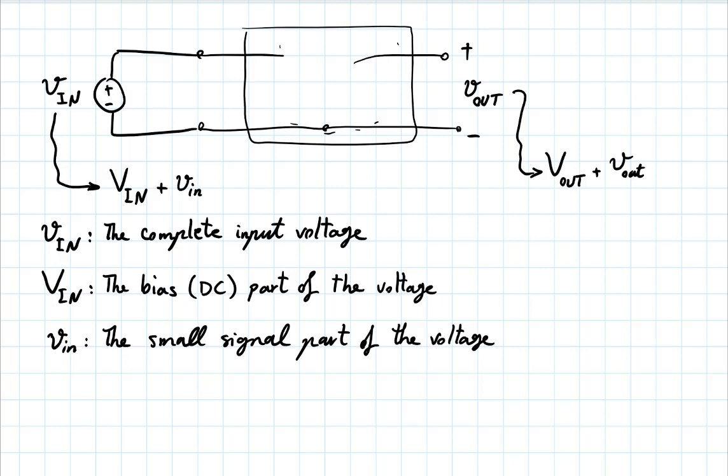And then there is the small variation or deviation from that bias point. That's the result of the small signal applied at the input. So I'm not, again, proving anything here. I'm just defining a notation saying this is how we will think about this. I'm not assuming or proving anything. It's just a language that I'm introducing.